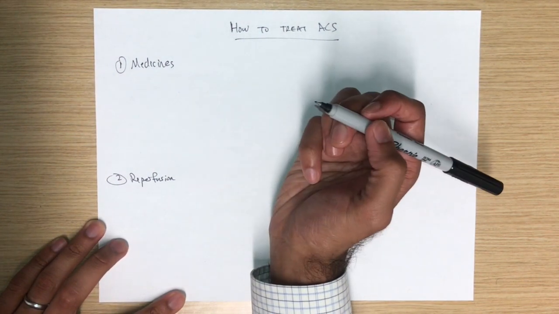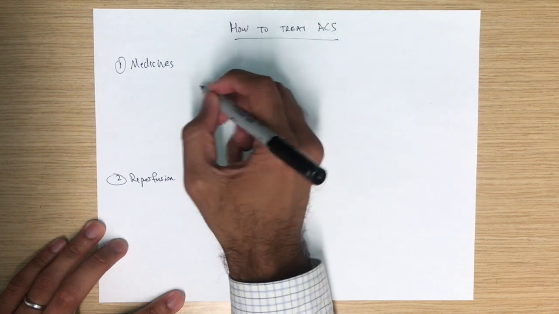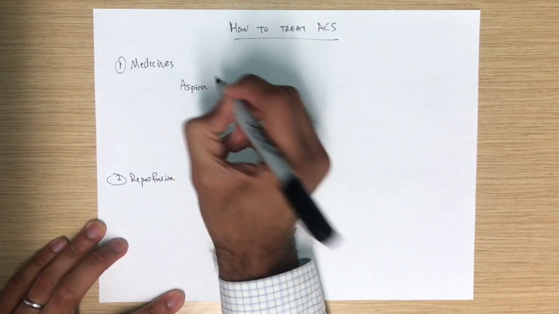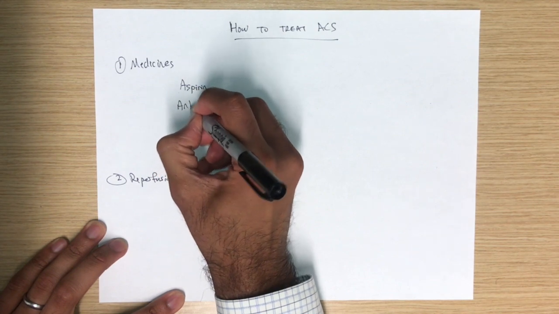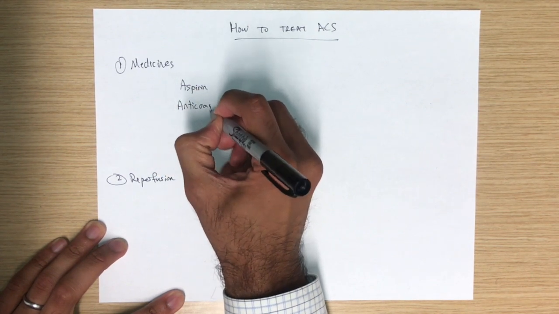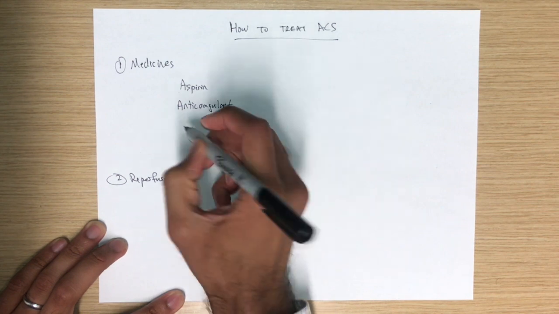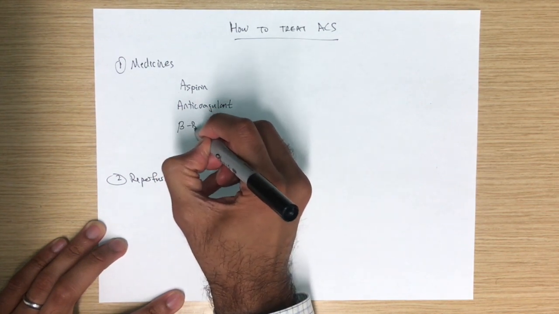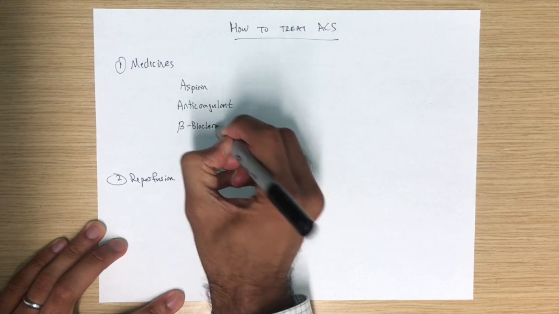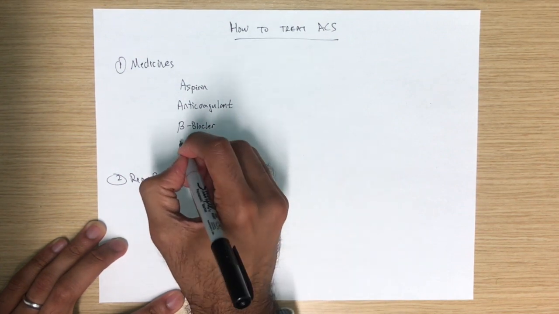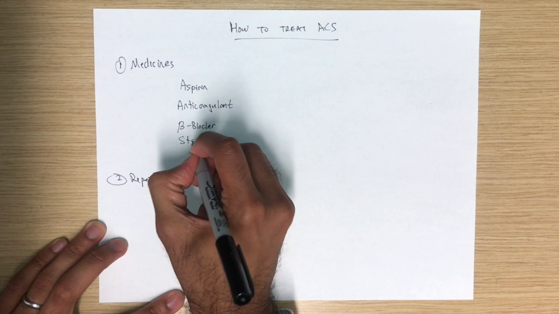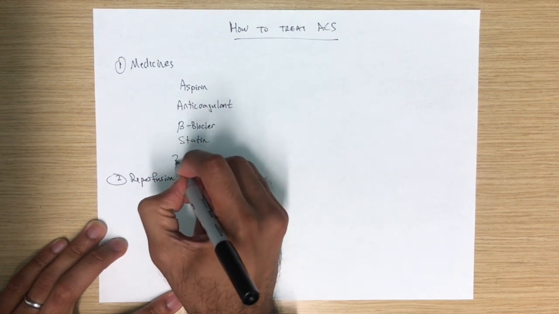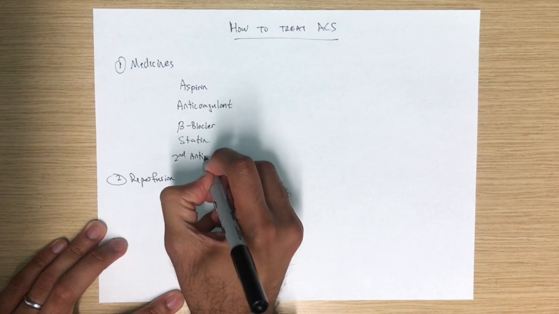The medicines that are going to be important to know and important to use: aspirin, an anticoagulant, and we'll come back to the choice of which one in a minute, beta blocker, and again we'll come back to the choice of which one in a minute, statin, and some sort of second antiplatelet agent.